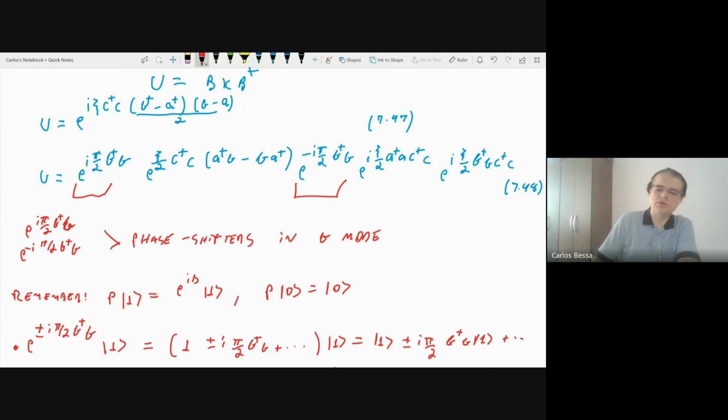We already know b dagger b applied to 1 is just 1, since it annihilates the photon, giving the vacuum, but then the creation creates the photon again.